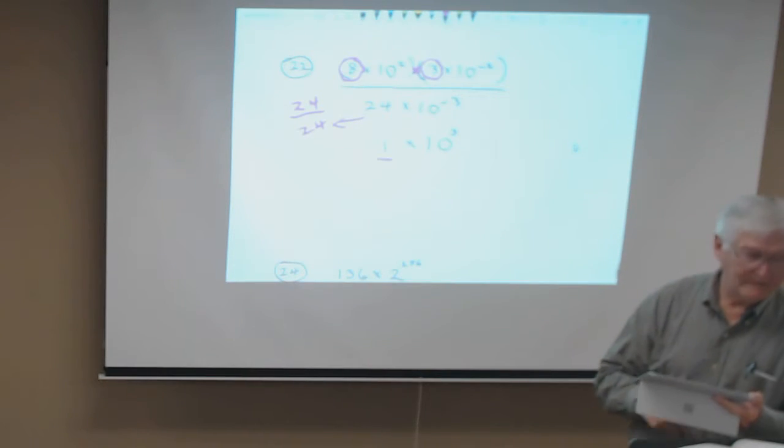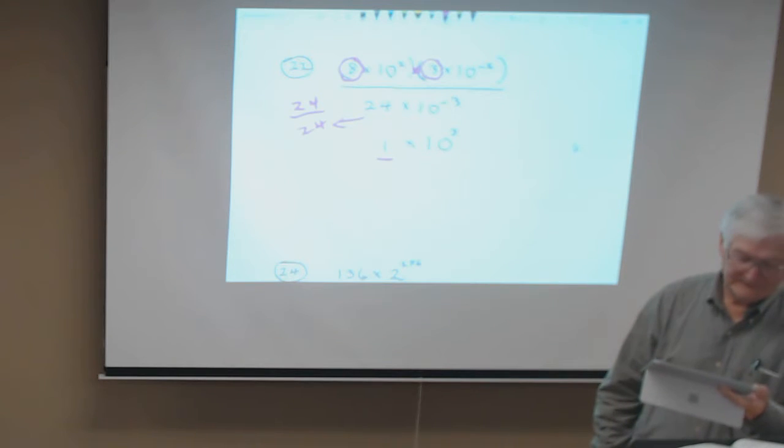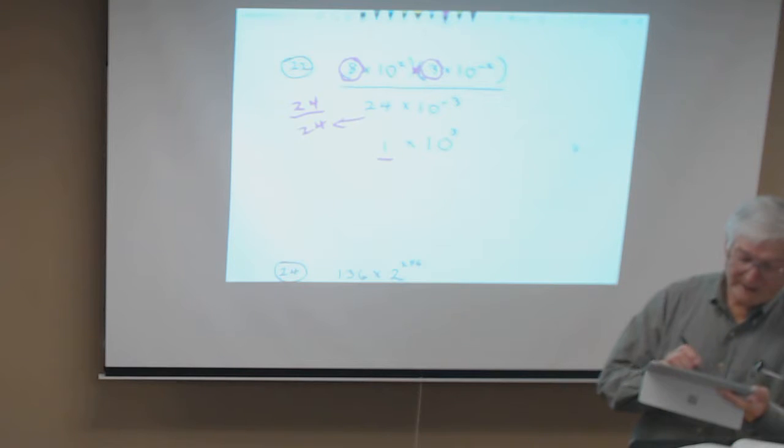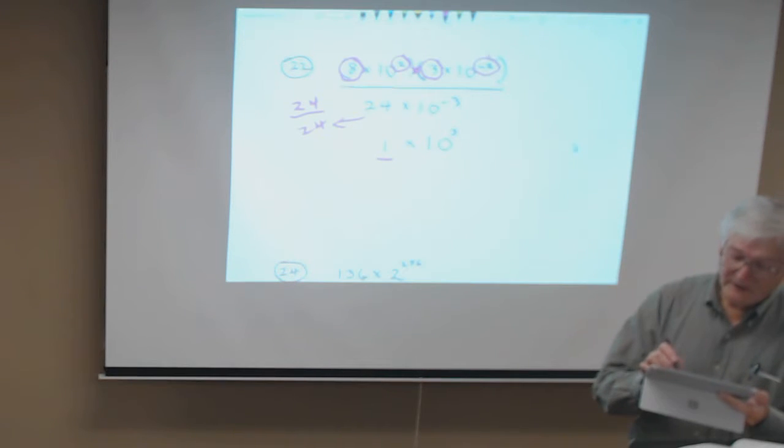So there's 1, right? So I have 1 times what? Ten to the 2 plus times 10 to the negative 2 is 10 to the 0. Agreed?